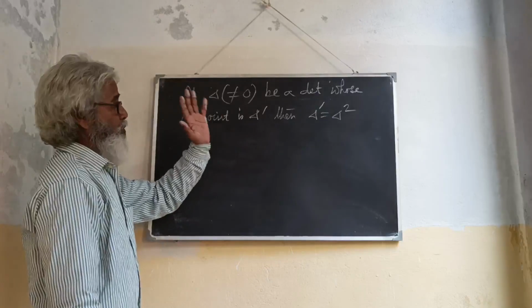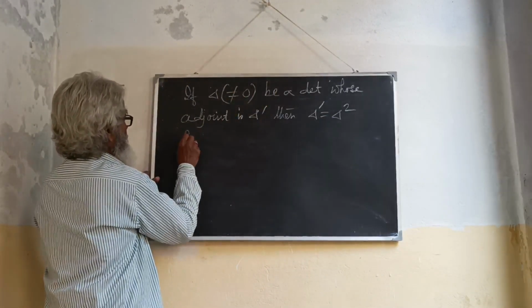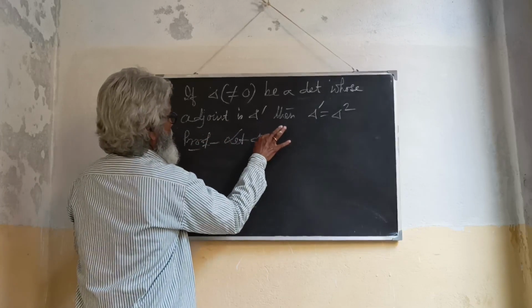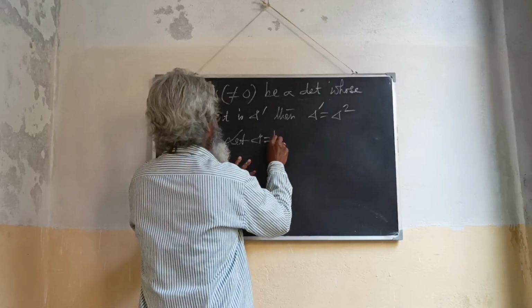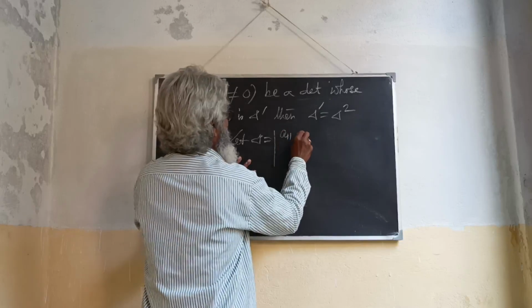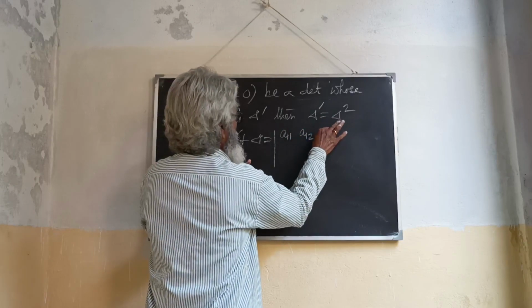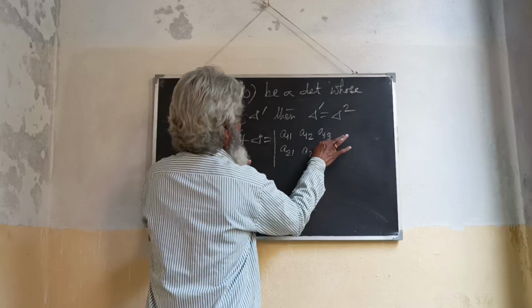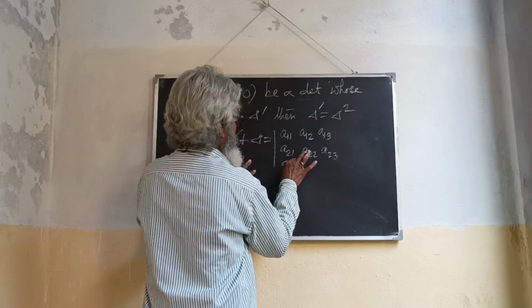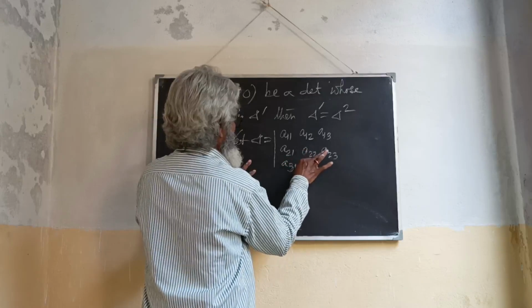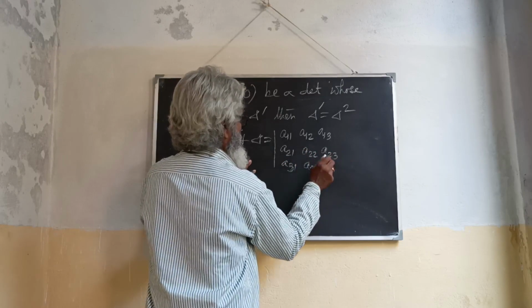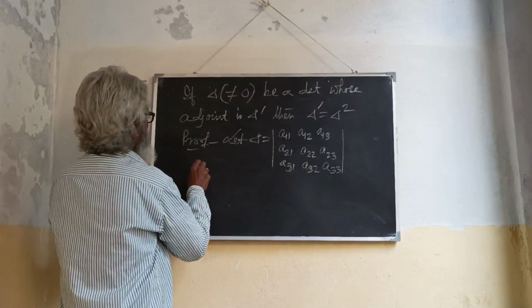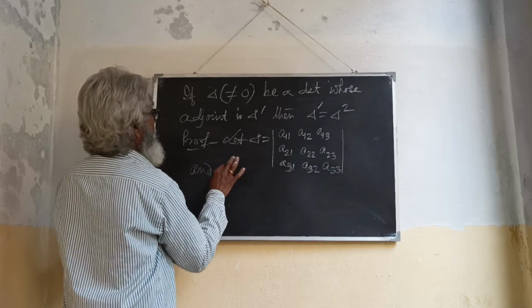So, we now prove this. Prove. Let delta equal to A11, A12, A13, A21, A22, A23, A31, A32, A33, and delta dash.